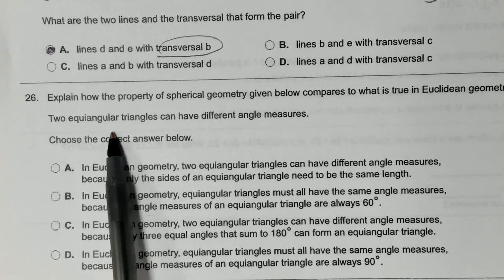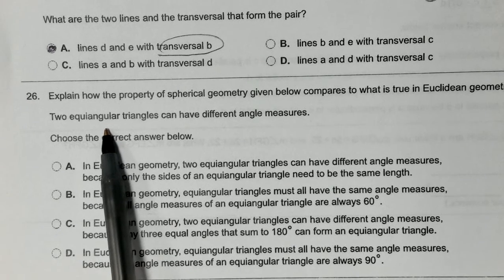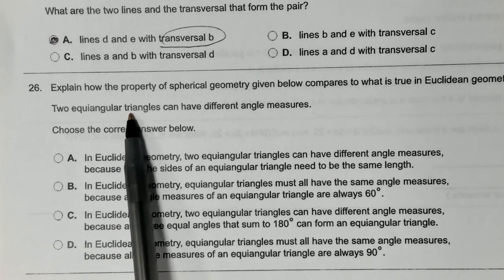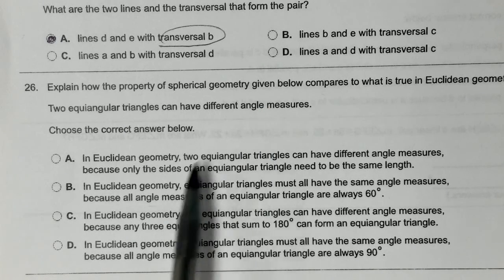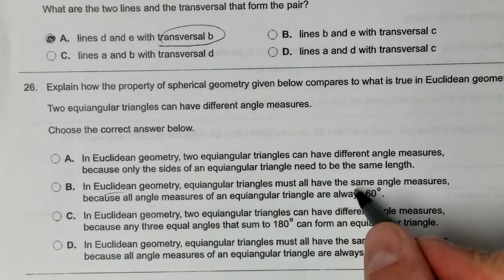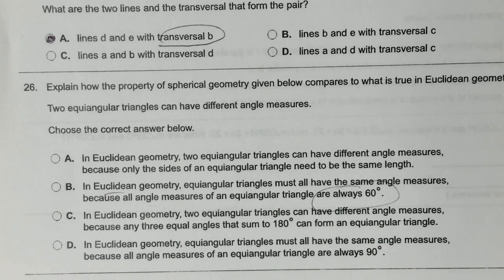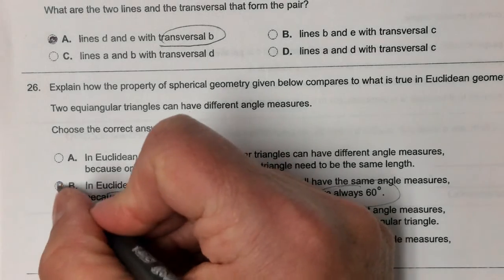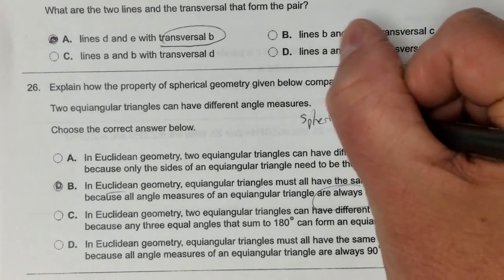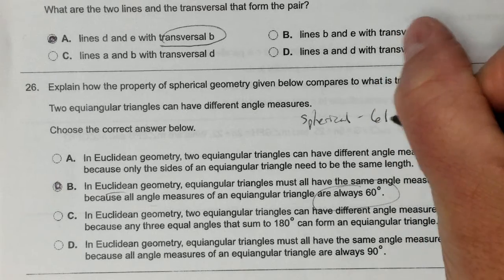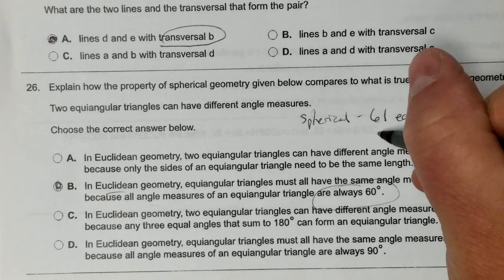Again, this one should look familiar to your previous test. 2 equiangular triangles can have different ones. In Euclidean, it has to always be 60. So that's B. In spherical, it could be 61 each, or any other number, 90 each.